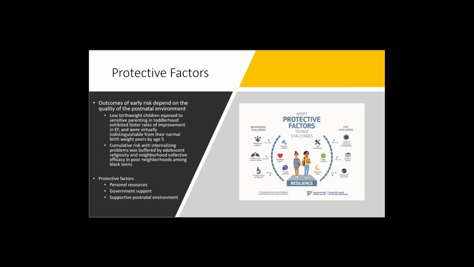And same kind of thing below, cumulative risk, so kind of ACEs, was buffered. The effects of ACEs on internalizing problems was buffered by these neighborhood effects. So it's not just parenting, but these other systems, again, imagining the Bronfenbrenner systems.